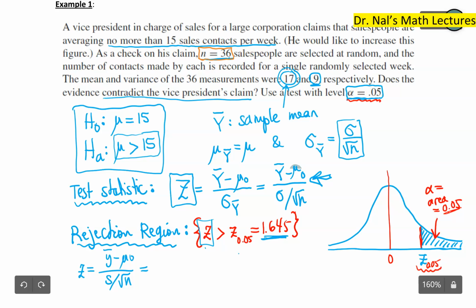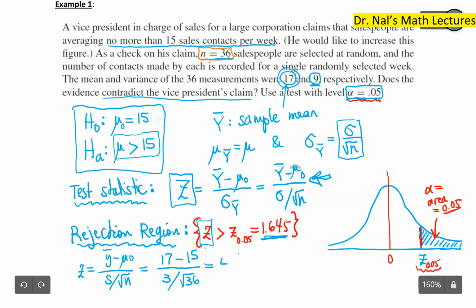This is y bar, 17, minus mu 0. Mu 0 is this number here. Initially it's considered that the mean is 15, and s is the square root of 9, which is 3, divided by the square root of 36. If you calculate this, it comes out as 4 evenly.